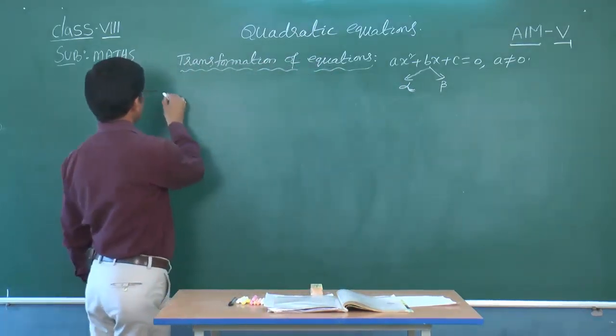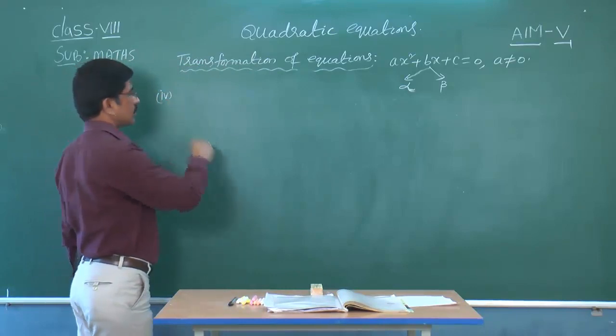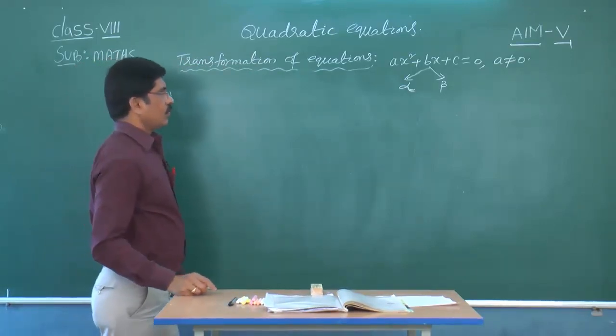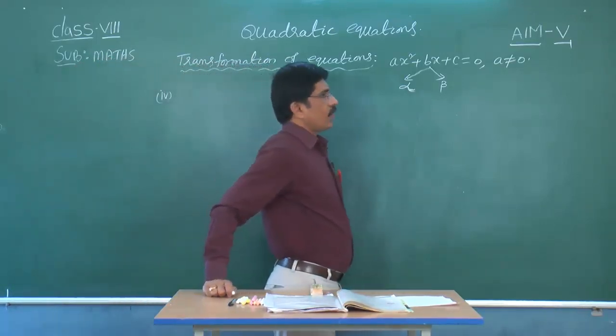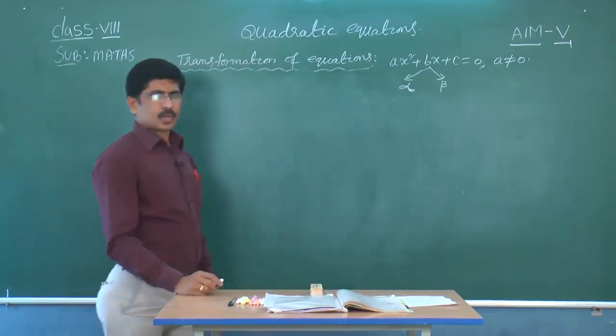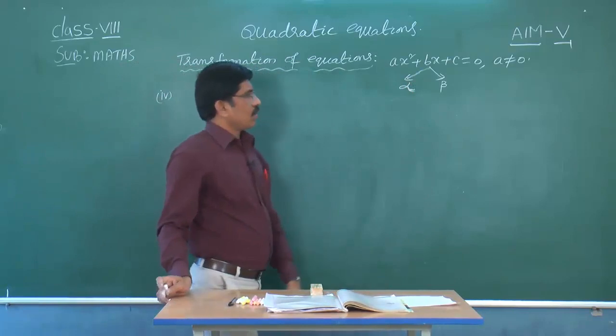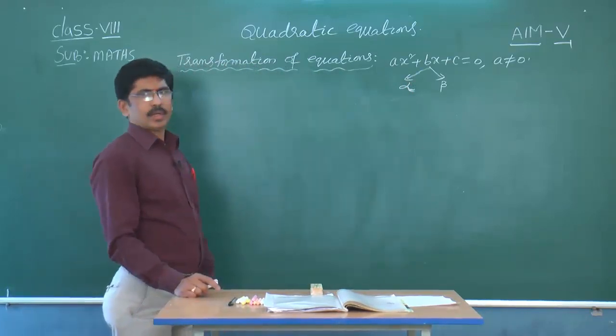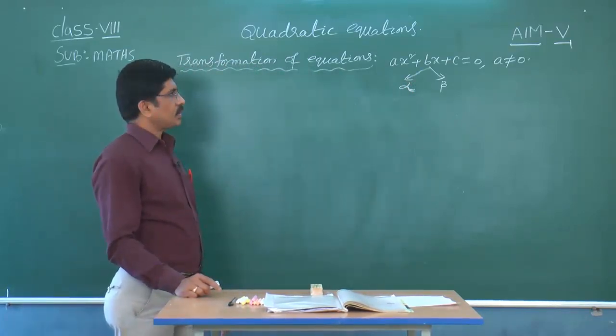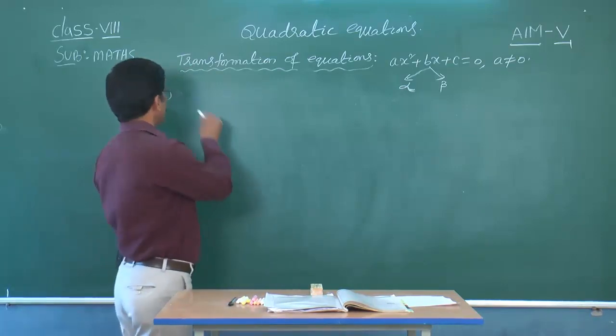Fourth one. When the roots are decreased by k, suppose the roots are alpha minus k, beta minus k.